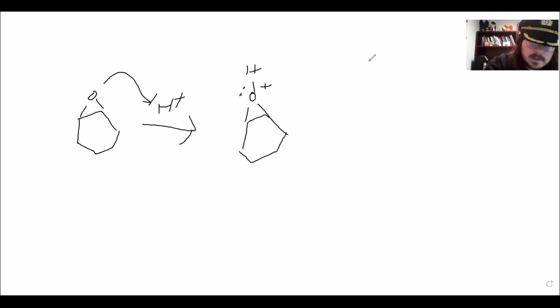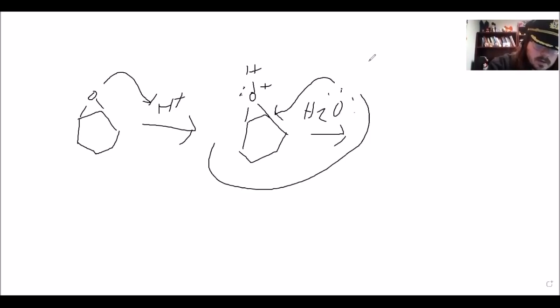So if it's symmetrical here, we could attack from either side. Now, in the presence of water, we can either attack here and kick that up, or attack there and kick that up. Either way, you attack there, and it swings up.